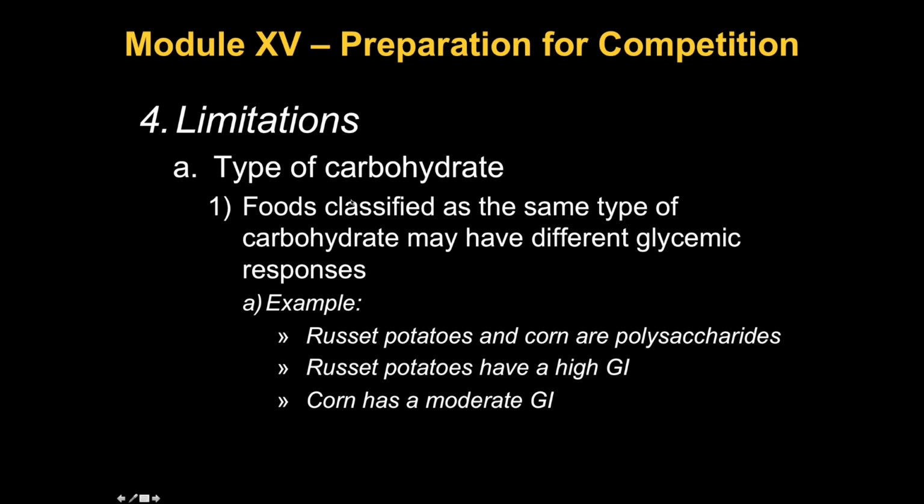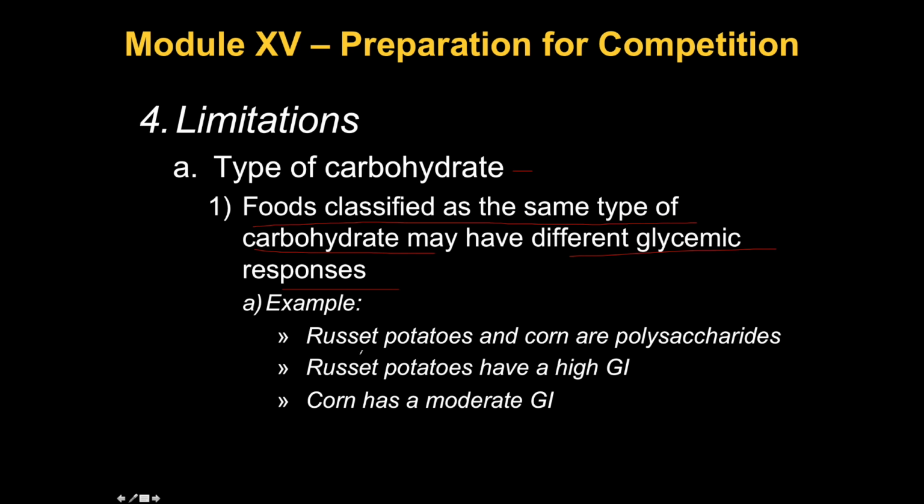Now, some of the limitations of the glycemic index that we should be aware of. Number one, the type of carbohydrate is very, very important. So what happens is that you get foods that are classified as the same type of carbohydrate, but then they end up having very different glycemic responses, as I just indicated using the table there.